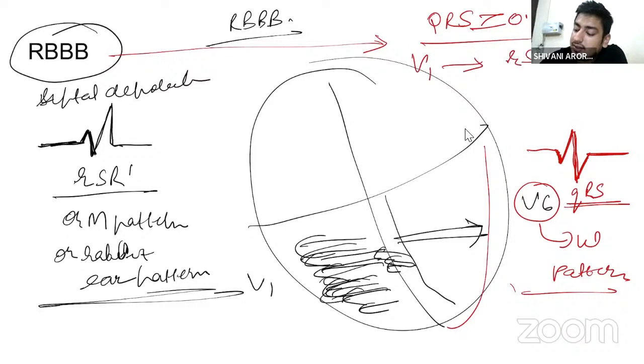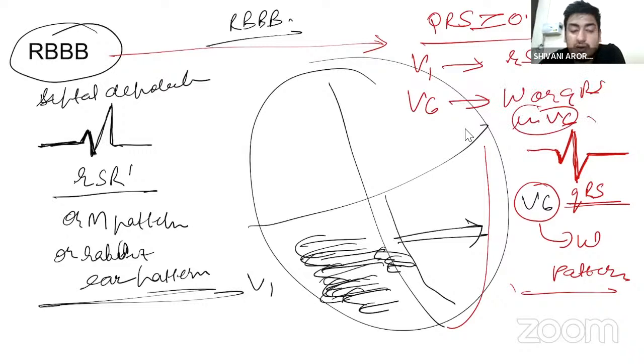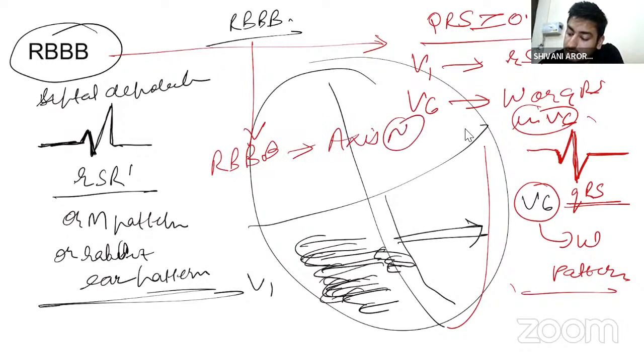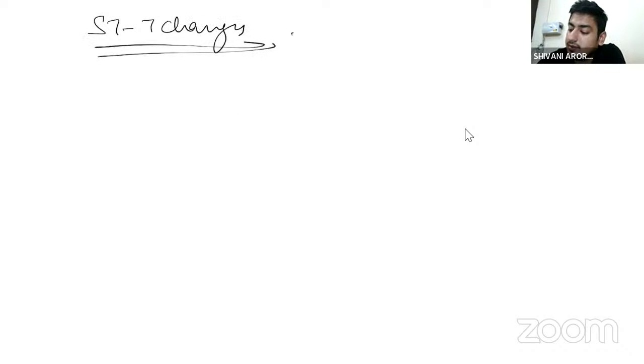The catch here is that in most of the cases of RBBB, the axis is normal, while in most of the cases of LBBB, the axis is left axis deviation. Now, ST-T changes here also. In right-sided leads, V1, V2, we have T wave inversions and ST depression.